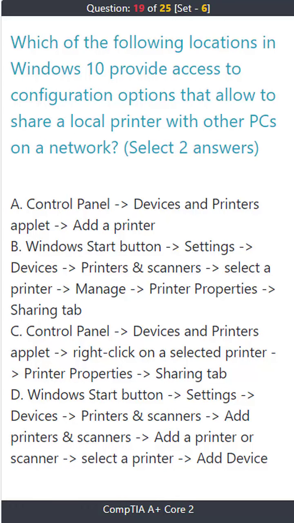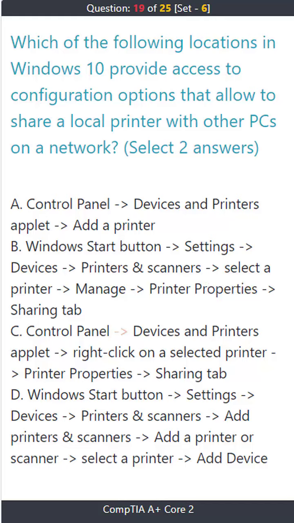Question 19. Which of the following locations in Windows 10 provide access to configuration options that allow you to share a local printer with other PCs on a network? Select two answers. A. Control Panel - Devices and Printers applet - Add a printer. B. Windows Start button - Settings - Devices - Printers and scanners - select a printer - Manage - Printer properties - Sharing tab.